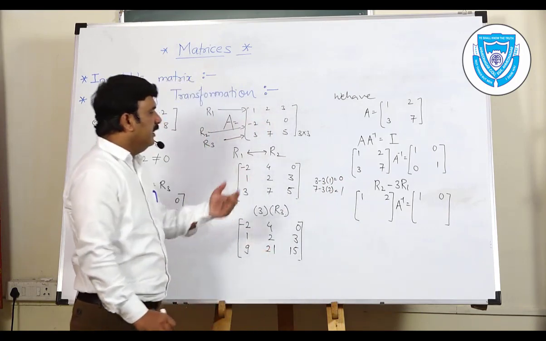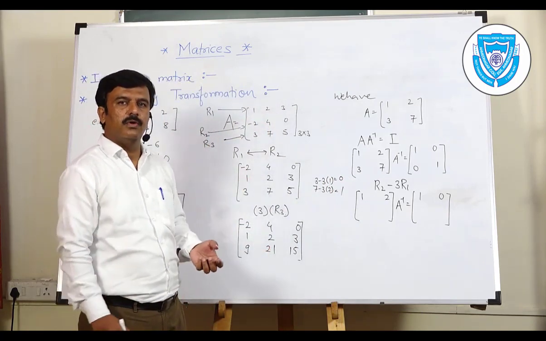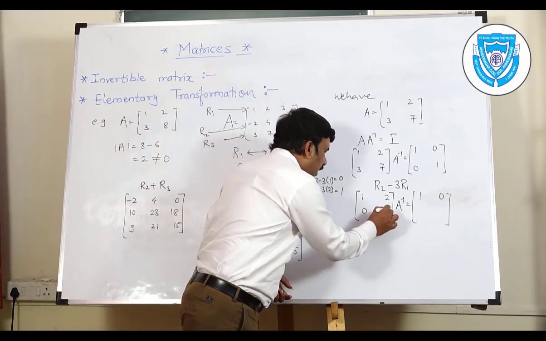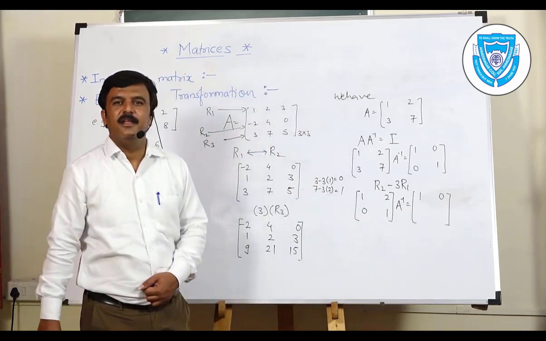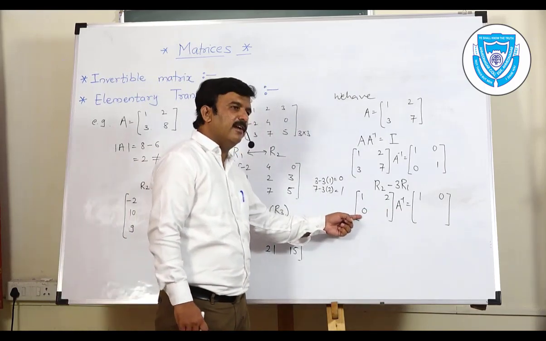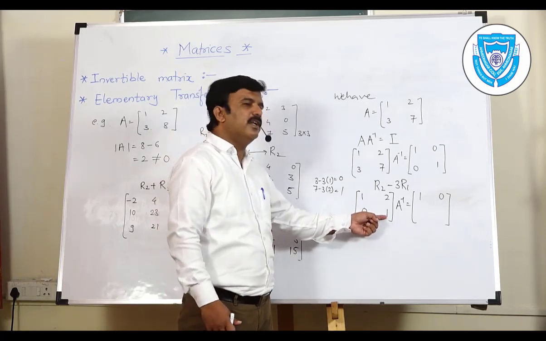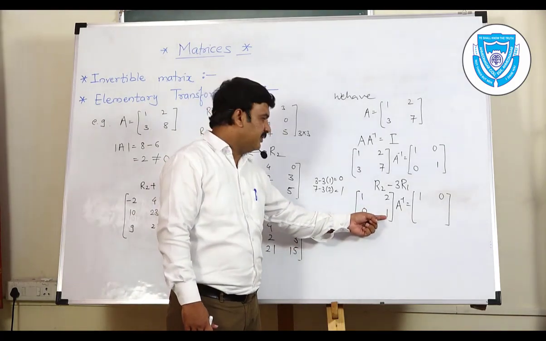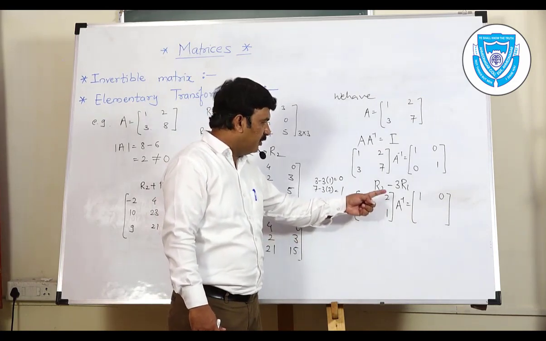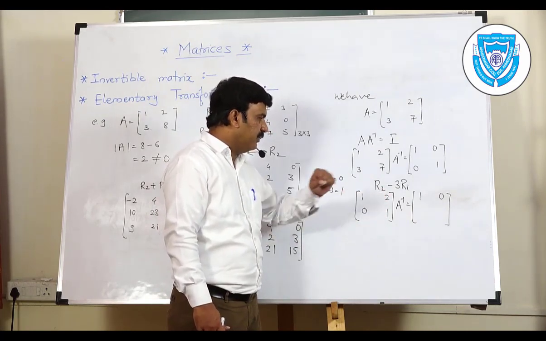So obviously the elements of the second row are 0 and 1. We were expecting 0 over here, but fortunately the next element also we got 1. So let us not worry about this element.